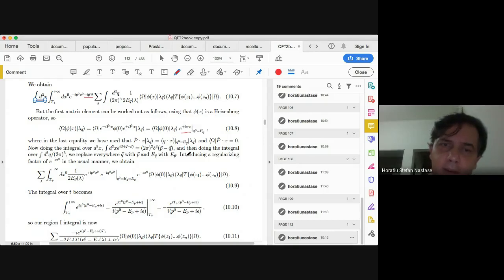So these together give the integral over spatial x of e to the i (q minus p) x, which is (2 pi) cubed delta of p minus q. All right. If I have this delta, then I can do the integral over q, which of course replaces everywhere q with p and E_q with E_p.